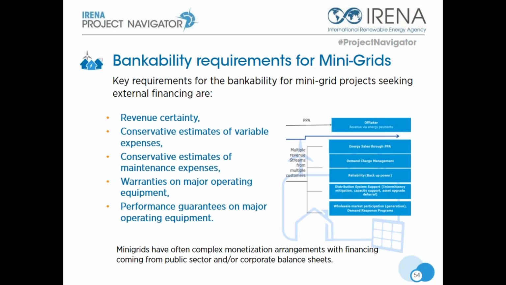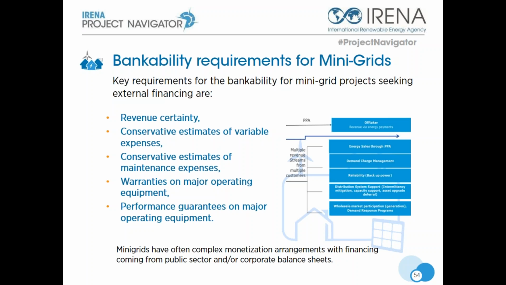The list here shows some of the main points, including having certainty for the revenues of the project by long-term contracts, using conservative estimates for expenses, but also for revenues that are not yet contracted.